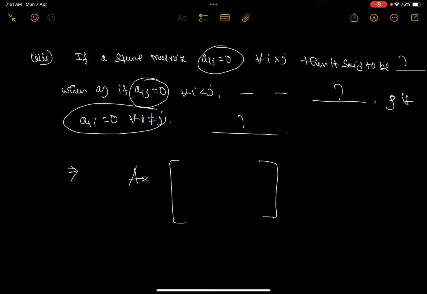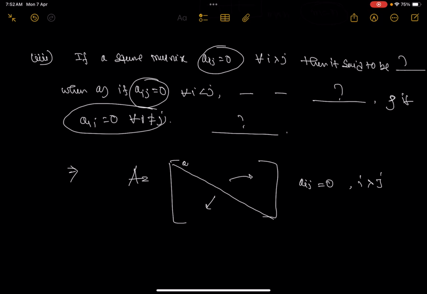If A of ij equal to 0, this is the diagonal element, this is above the diagonal, the upper diagonal, this is the lower diagonal, below the diagonal. Here it says A of ij equal to 0 for the first condition, i greater than j.